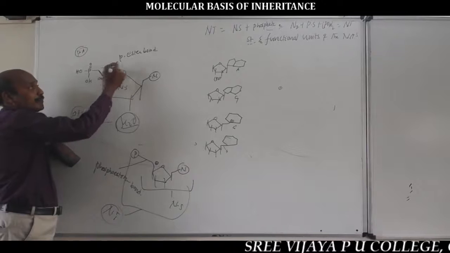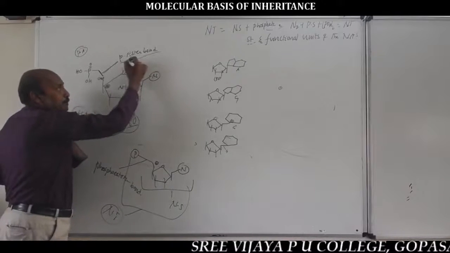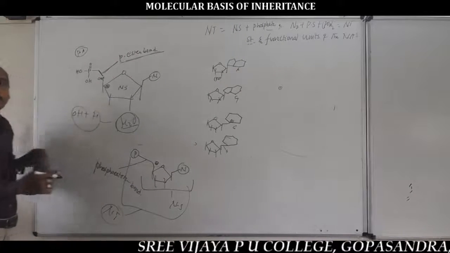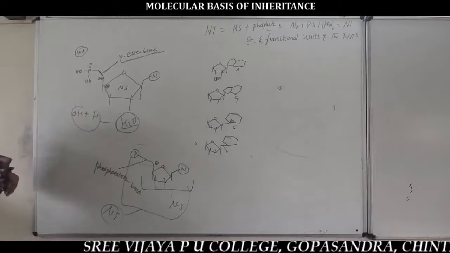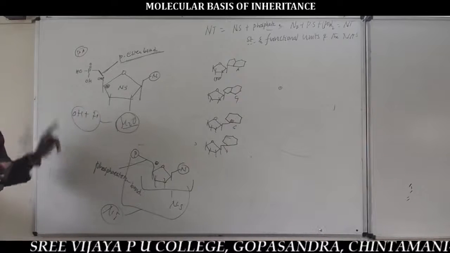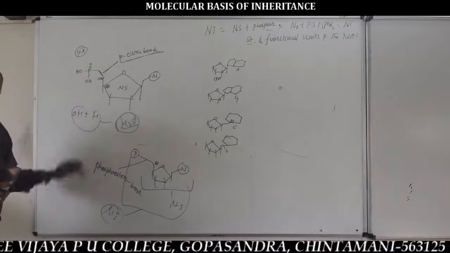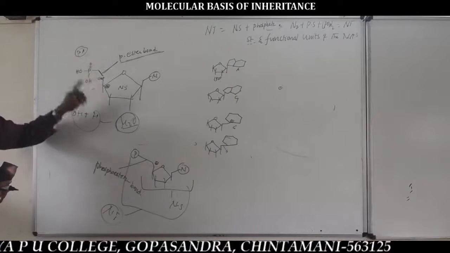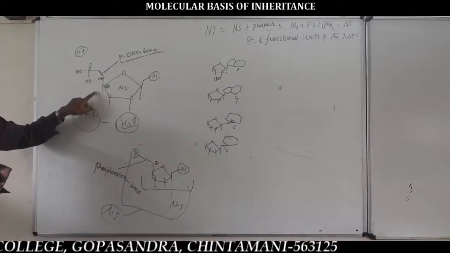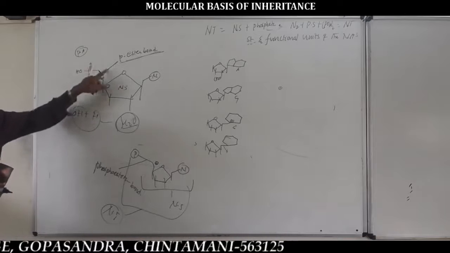During this elimination, a hydroxyl group is eliminated from orthophosphoric acid and one hydrogen atom from the pentose sugar of the nucleoside, which results in the formation of a bond called the phosphoester bond. So, during formation of a nucleotide, orthophosphoric acid binds to the fifth carbon atom of the pentose sugar through a phosphoester bond.